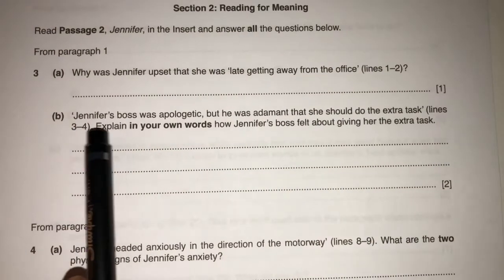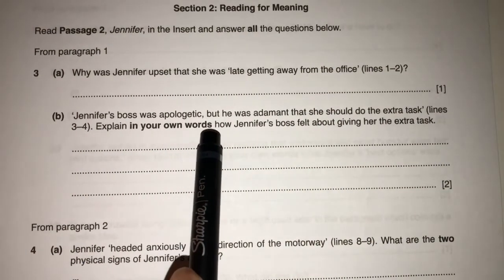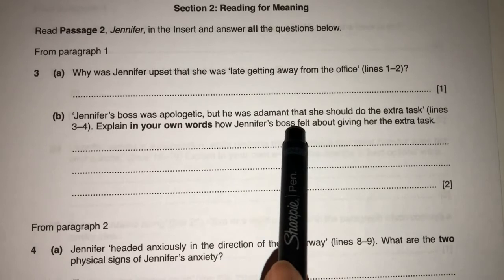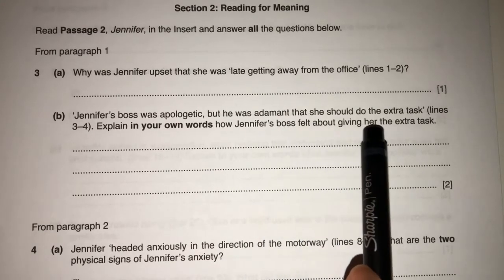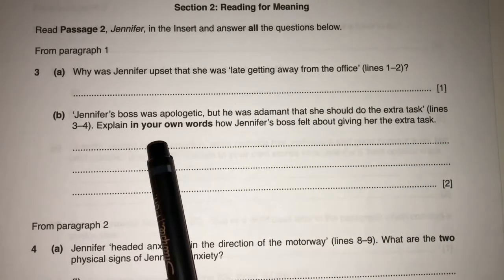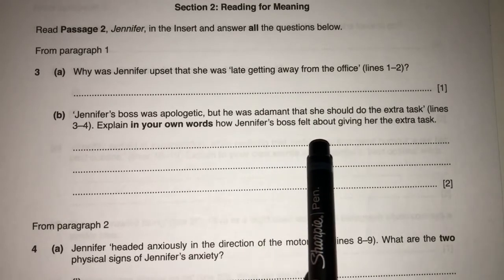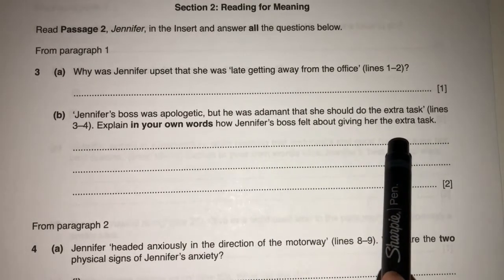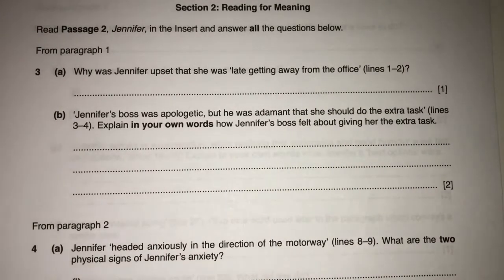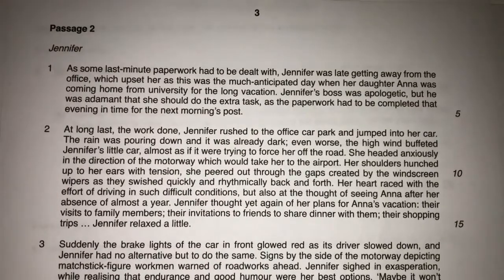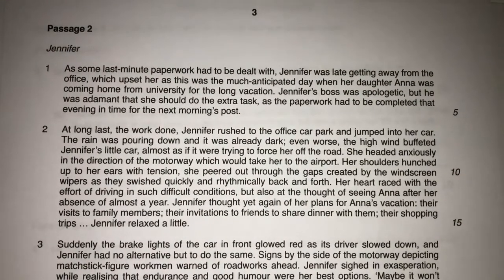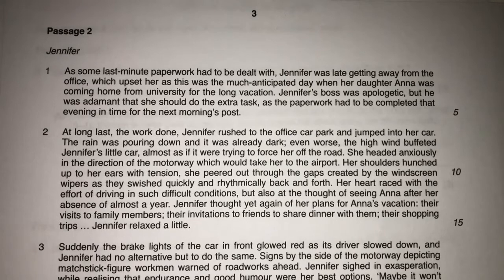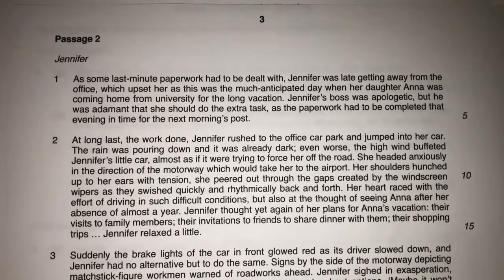And Jennifer's boss was apologetic, but he was adamant that she should do the extra task. Explain in your own words how Jennifer's boss felt about giving her the extra task. All that could be found in paragraph 1. So let's get going with our paragraph 1 reading.